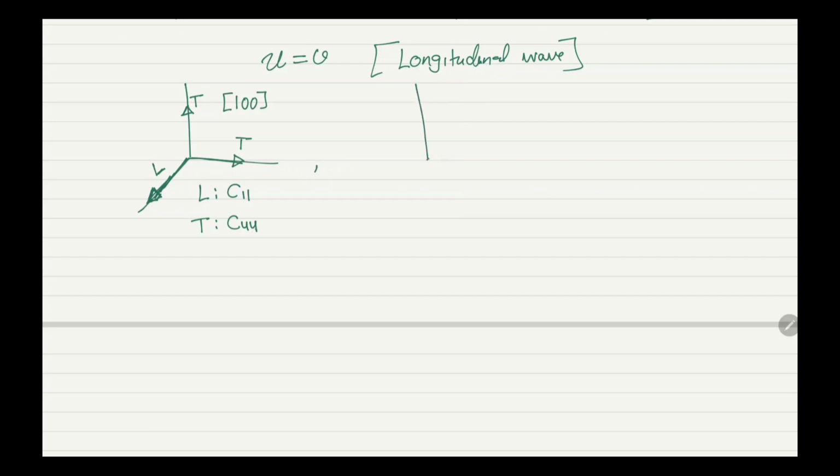Another case we might face is when the wave propagates in the 1, 1, 0 direction, like the one we just solved a few minutes ago, when the wave propagates between x and y. We have longitudinal wave, this is k in this direction, and we have two transverse, this is T1 and this is T2. Remember, transverse are perpendicular to longitudinal and perpendicular to each other as well.